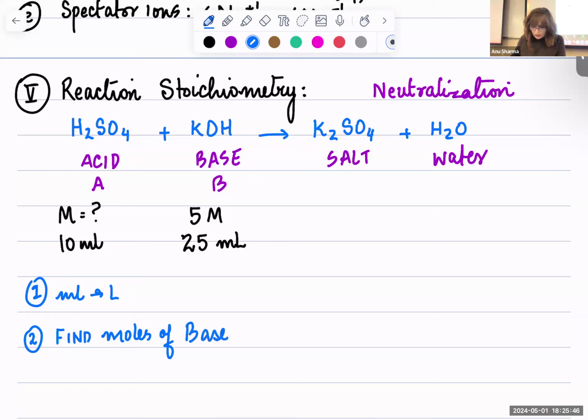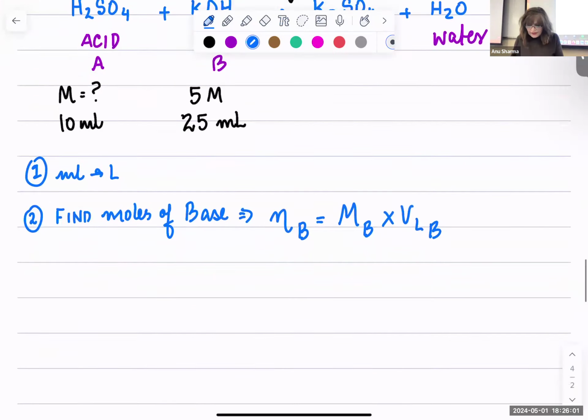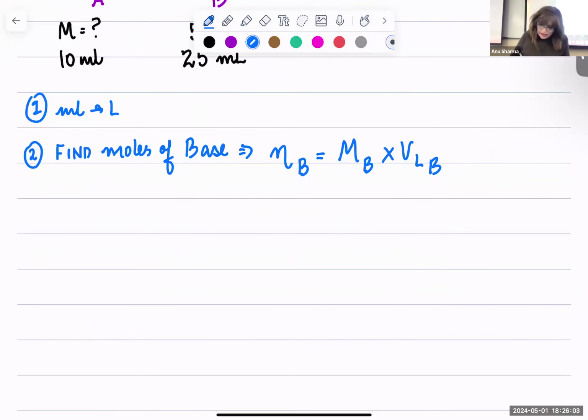Okay. So how do you do that? This becomes NB. NB stands for the moles of the base, which is equal to the molarity of the base multiplied by the volume in liters of the base. All right. Next, once you find the moles of the base, then you should find the moles of the acid. How are you going to do this?